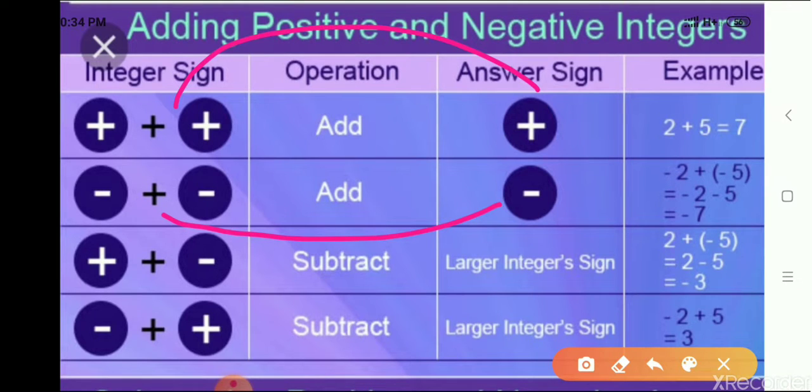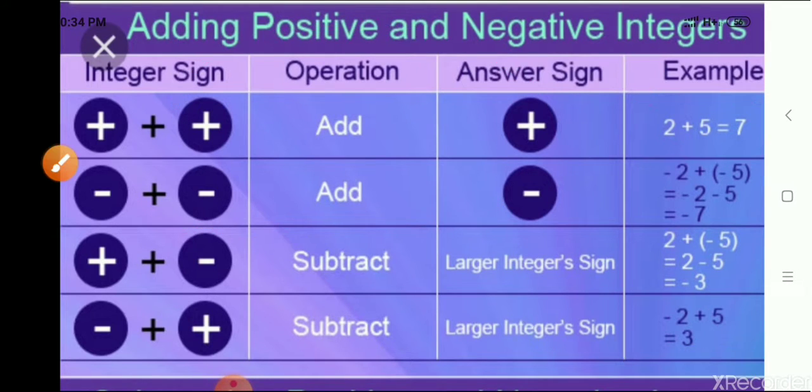Here in the first example we have two positive integers, that is plus 2 and plus 5. Plus 2 and plus 5 when added will give us the result plus 7. Now the next example we have two negative integers, that are minus 2 and minus 5. Okay, so whenever two negative integers are added, we have the resultant with the negative sign.